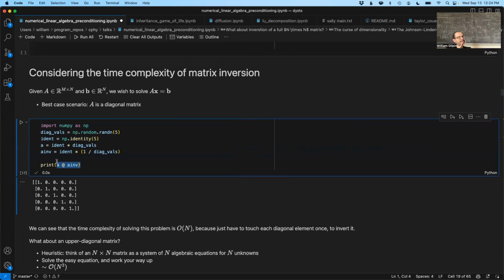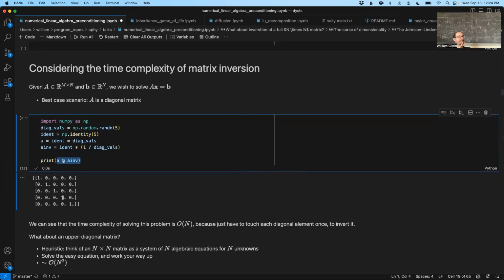To figure out what the runtime would be here, it's useful to go back to thinking about matrices as defining algebraic equations. Because if I have an algebraic equation that has a bunch of zeros in the bottom, then I have to do one operation to solve that bottom equation. I then substitute it into my next equation. I go up, I only have to solve once.